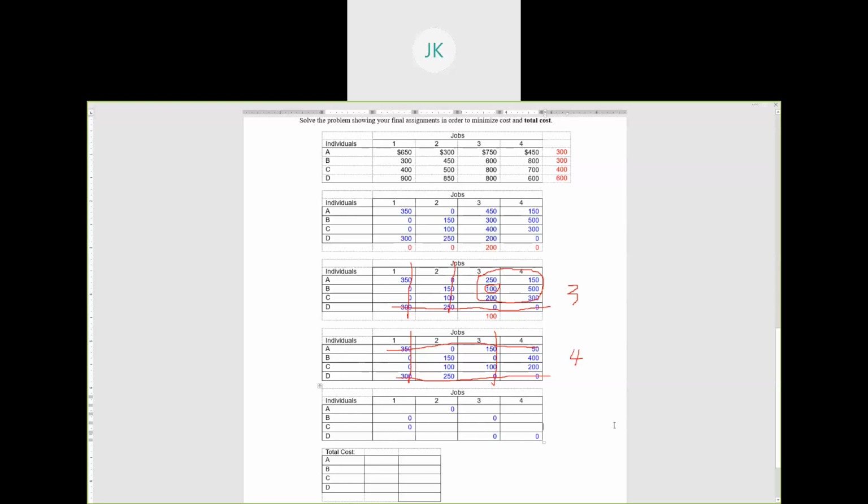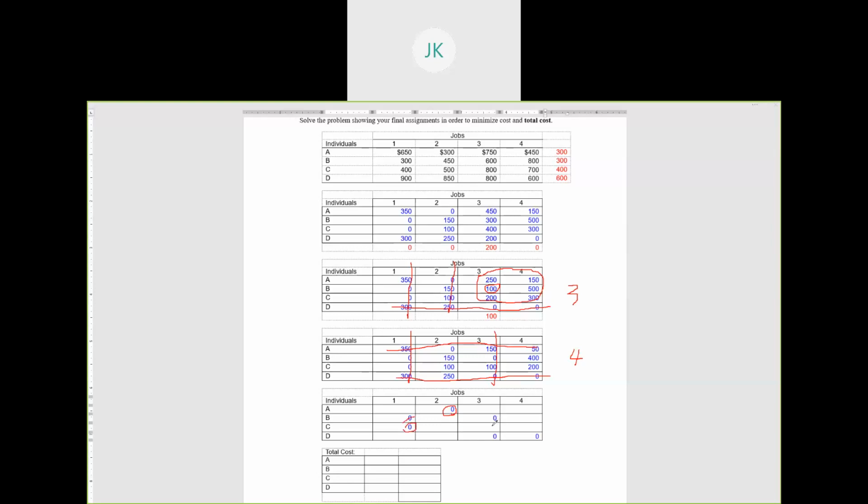Okay, when you assign, if only one is available, assign this one. Okay, use a pen. So assign this one, but for job 2, there is no overlap. And then this one also only has one available, so assign this one, and this one is not available.